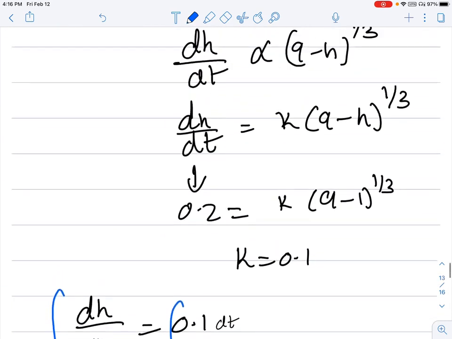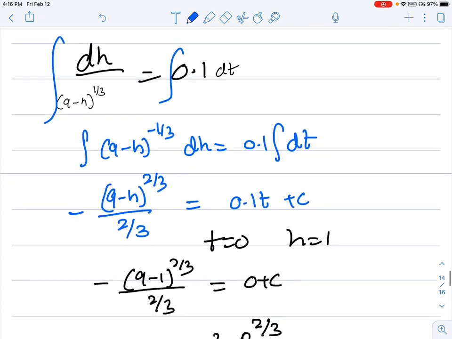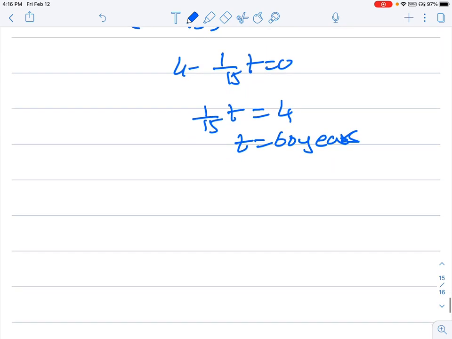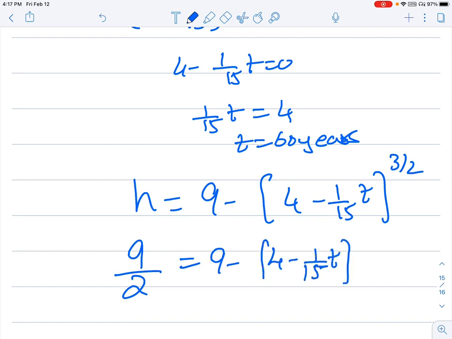Then lastly, calculate the time taken to reach half of the maximum height. The equation we got, h is equal to 9 minus (4 minus 1 upon 15 t) whole power 3 by 2. Half of the maximum height is 9 upon 2.